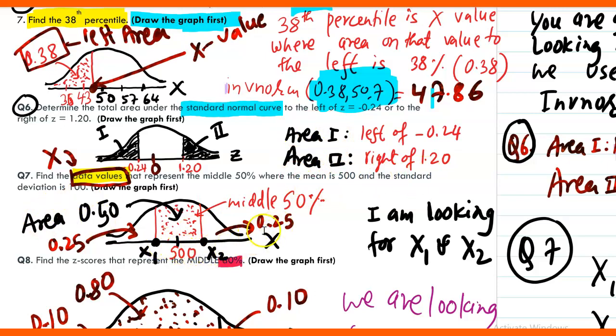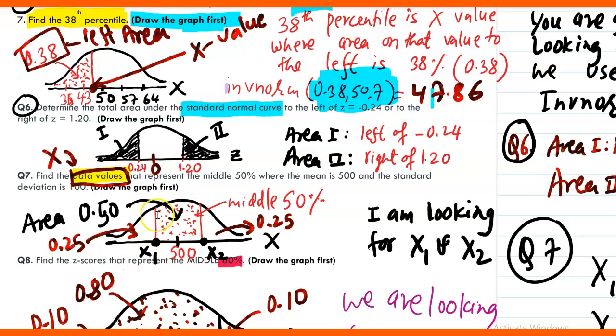Again, if you make a graph, it makes it easier. Therefore, always make a graph to find either area, data value, or z-score.